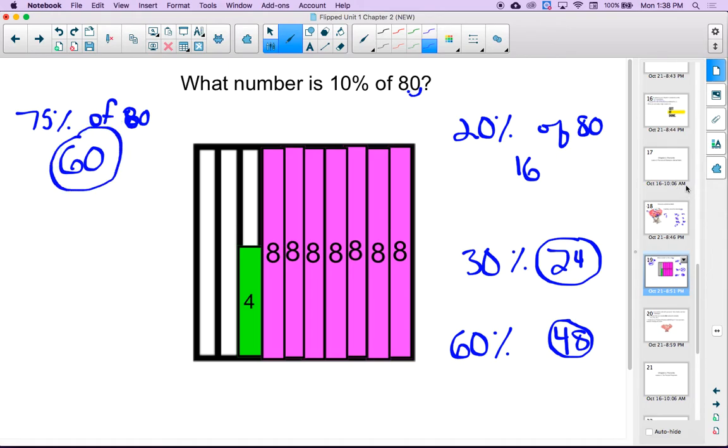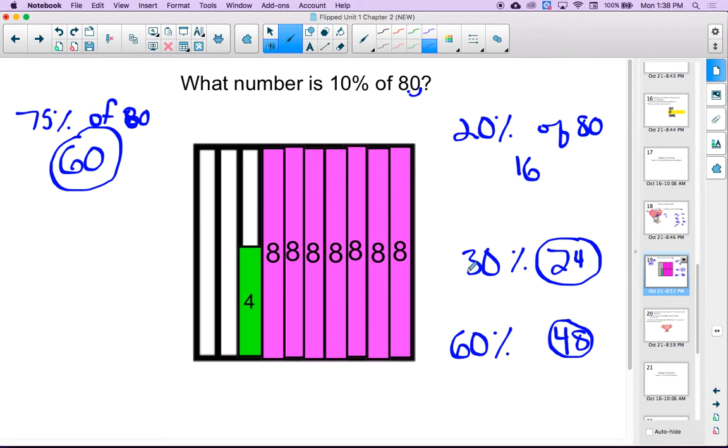If we know how to find 10%, we can find almost any percent of a number as long as it's reasonable. We wouldn't want to be dealing with decimal percents. That gets a little bit tricky there. But basics for us are 5%, 10%, 20, 30, 60, stuff like that. So if this is something that didn't click the first time, stop it, watch it again.